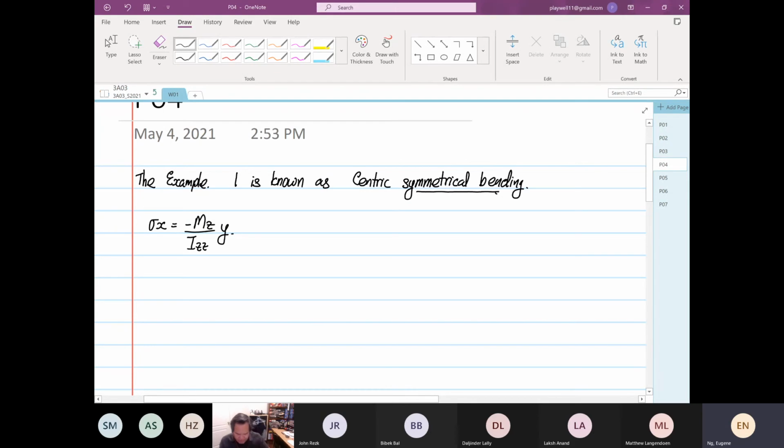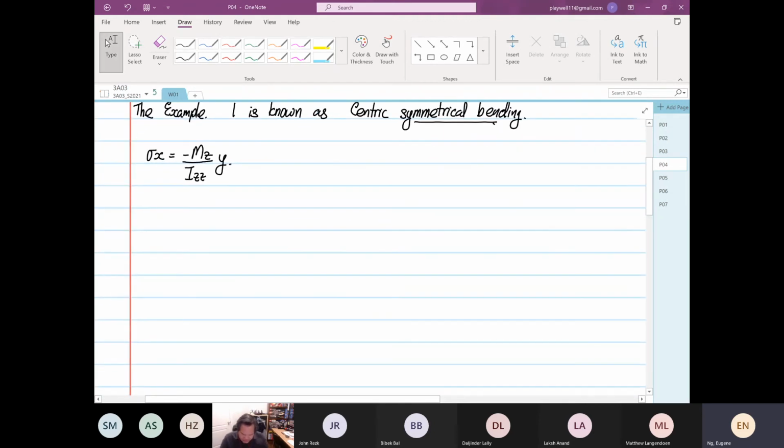So that's the formula. But by looking at this formula, what does this actually mean? Now, symmetrical bending has nothing to do.